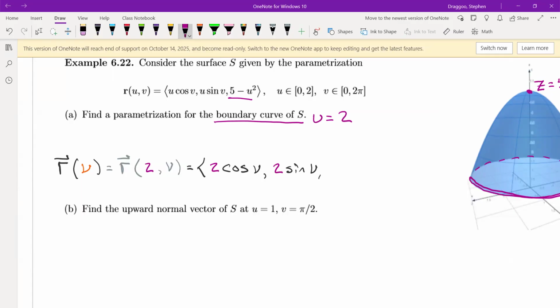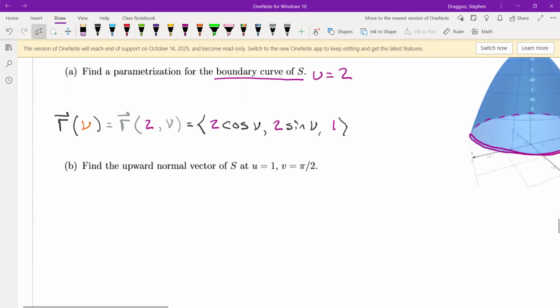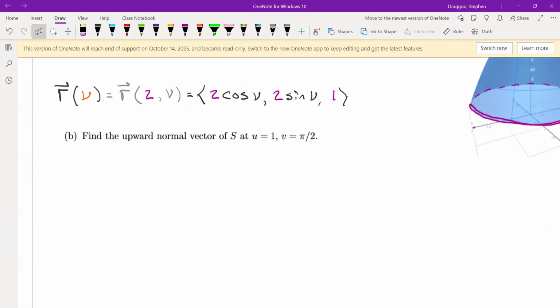And I really hope I did that math right, because this is the spot where my live studio audience would catch some awkward arithmetic mistake. Cool. So there's my boundary curve.